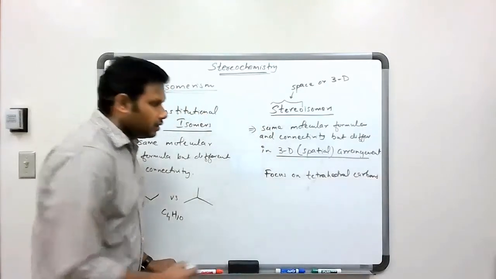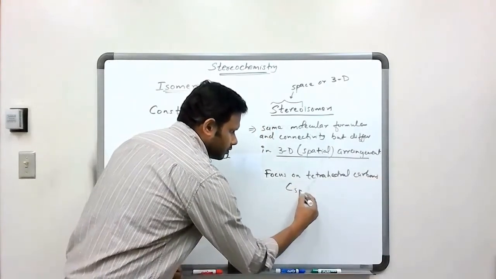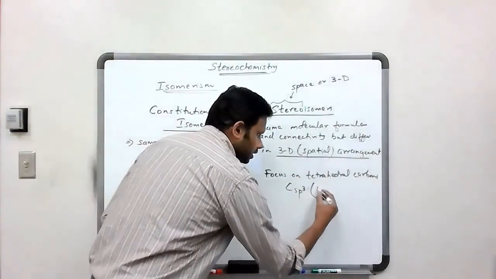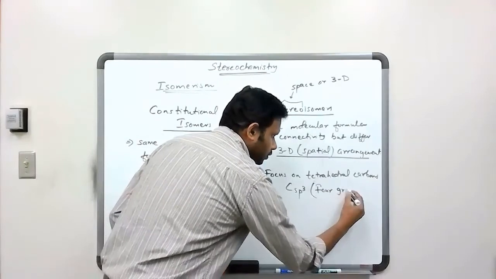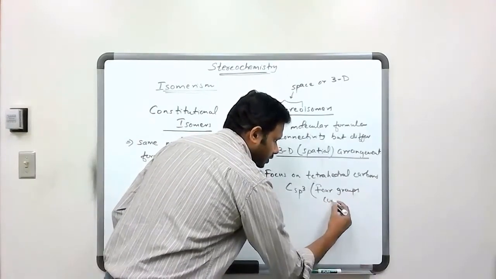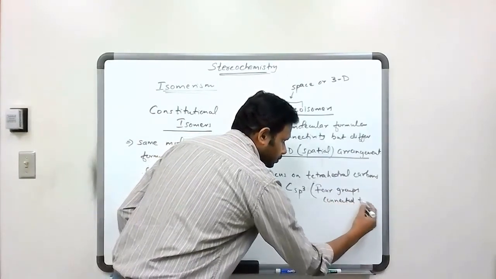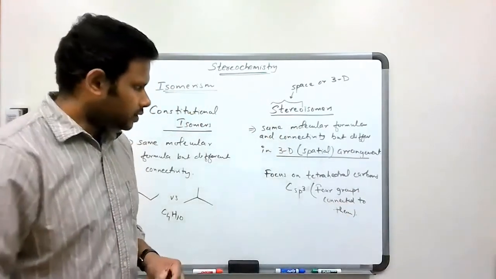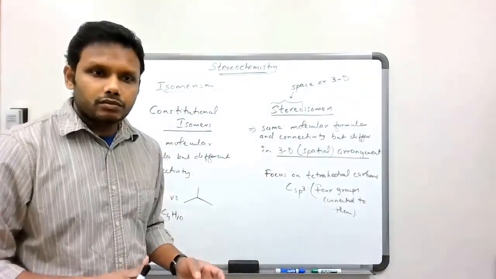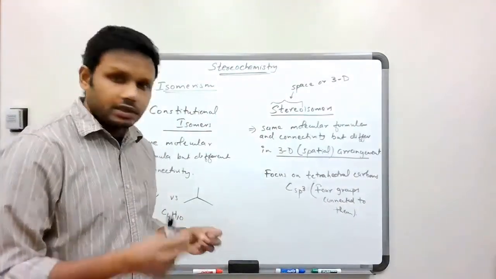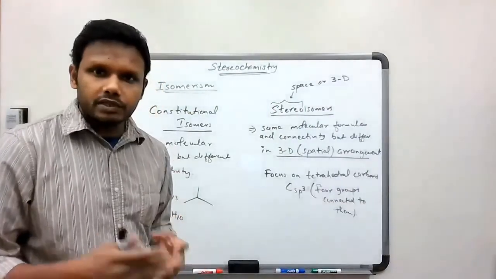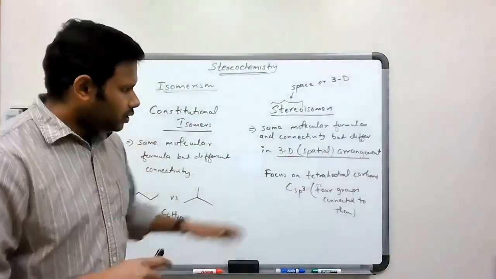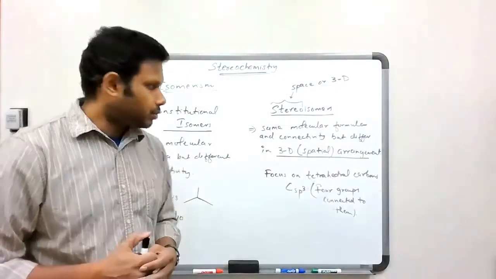What does that mean? We're talking about carbons which are sp3 hybridized, which means they have 4 groups connected to them. Like I said, cis-trans isomerism in alkenes, which deals with carbons that are sp2 hybridized, will come up later. But the focus of this chapter will be carbons that are sp3 hybridized.